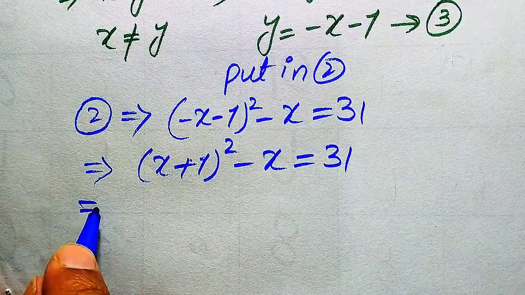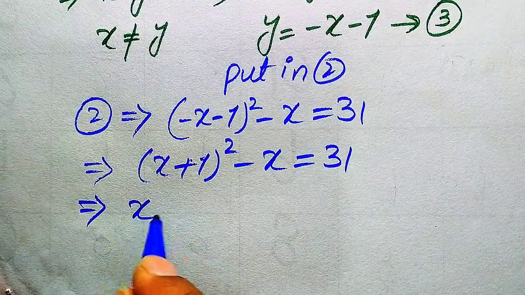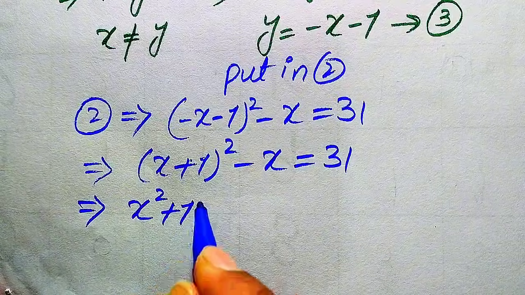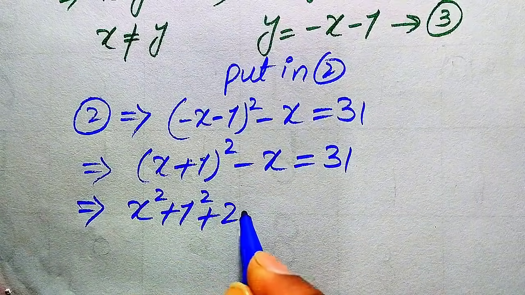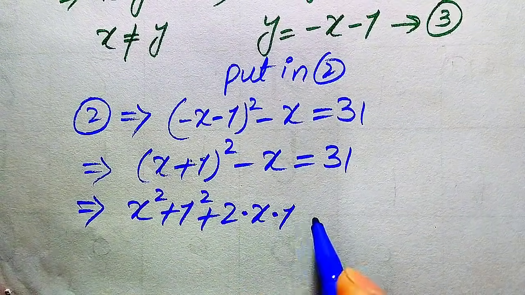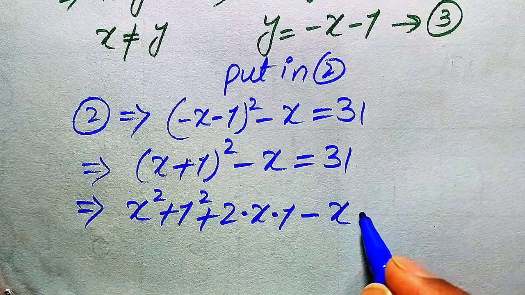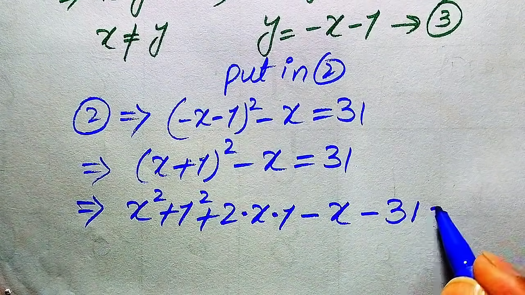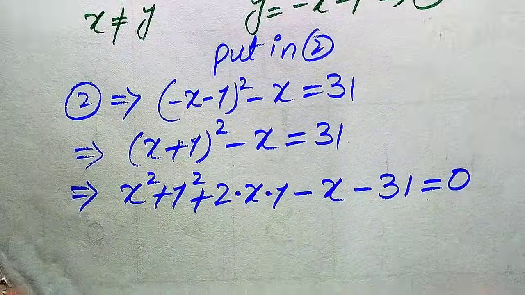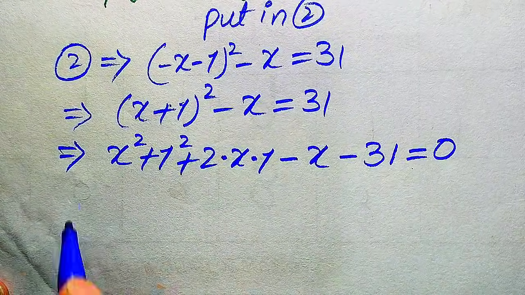Here we need to expand the square of this term, and it will be written as x square plus 1 square plus 2 times x into 1 minus x, and we move this 31 to the left hand side, and it becomes minus 31, and this whole equation is equals to 0.